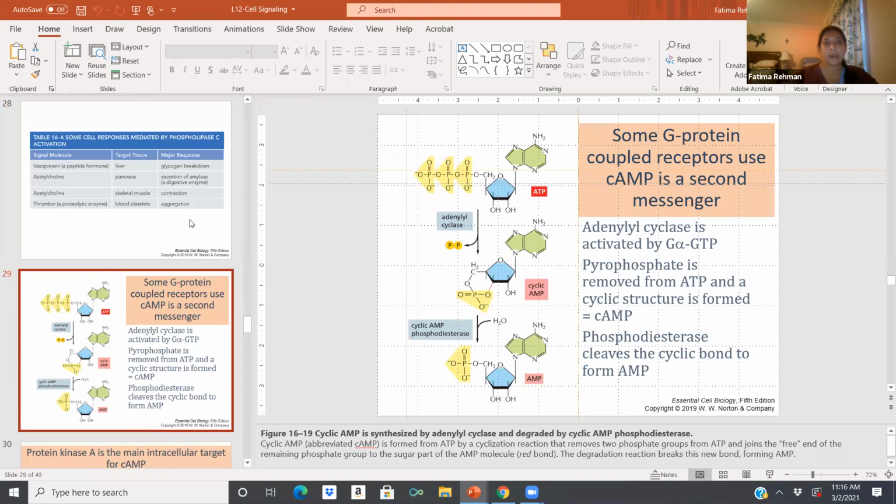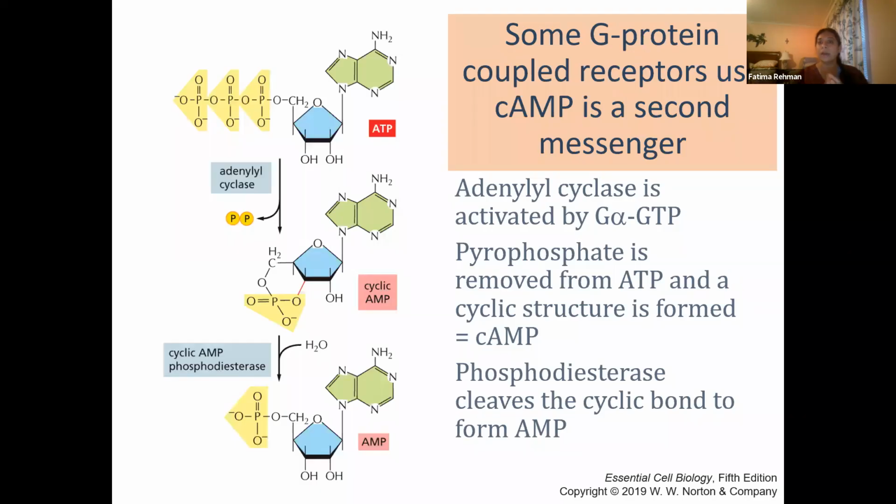So today we are going to move on, and we are going to first talk about another kind of messenger that can get activated from G protein. So G proteins not only use ions and other small molecules as second messengers, but they can actually use the byproduct of their reactions as second messengers.